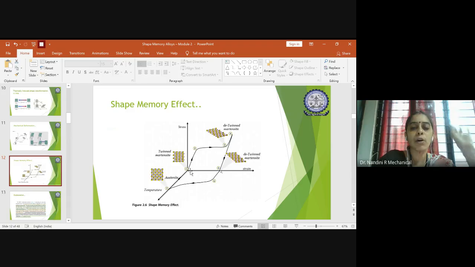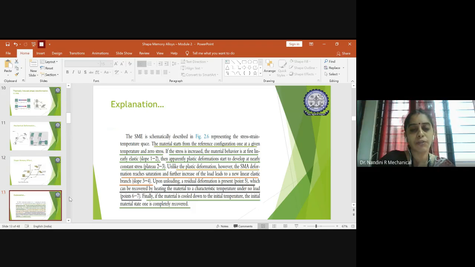The path followed by your shape memory alloy will start from the reference point, from 1 to 2, 2 to 3, 3 to 4, 4 to 5, 5 to 6, 6 to 7, and this goes on. The twinned martensite will always show the actual reference of the alloy, how it looks initially. Then it starts to change due to the subjection of heat.